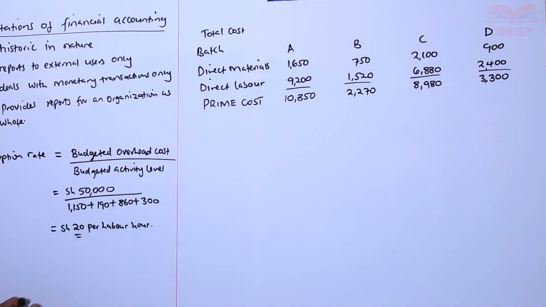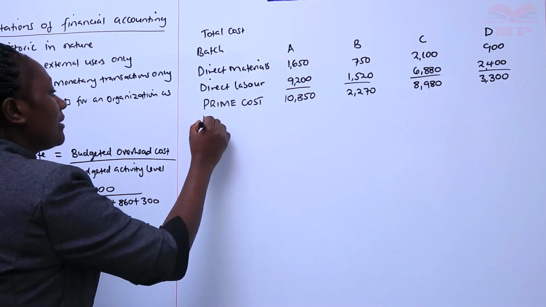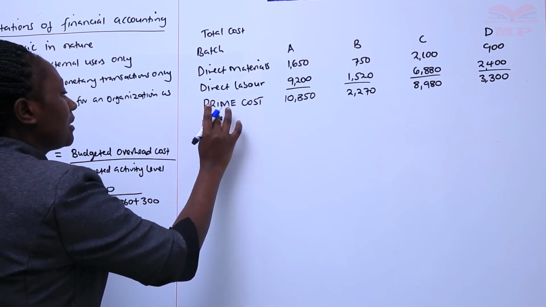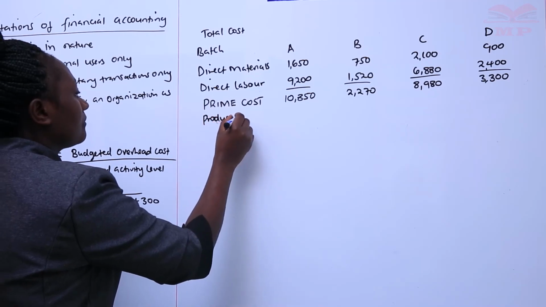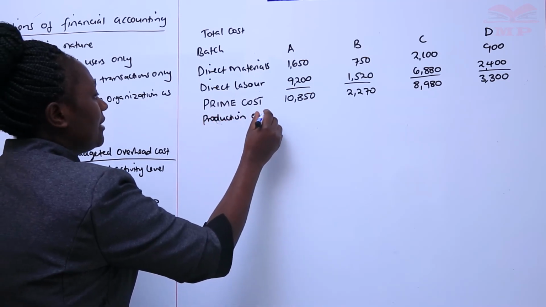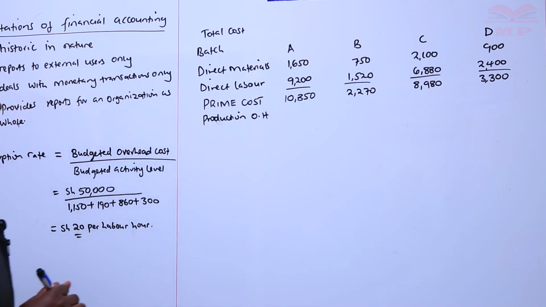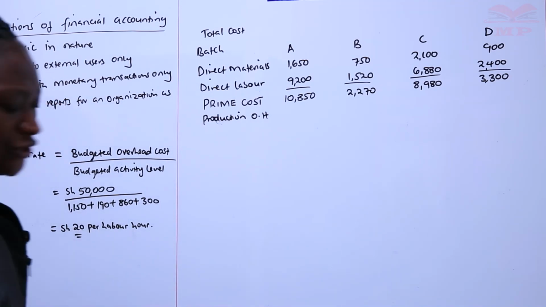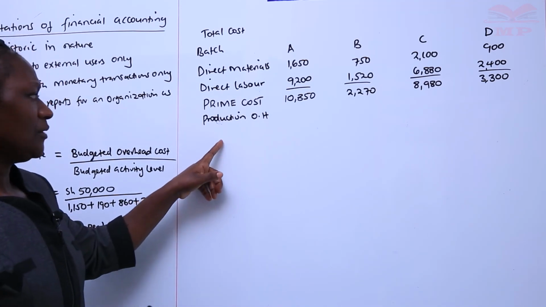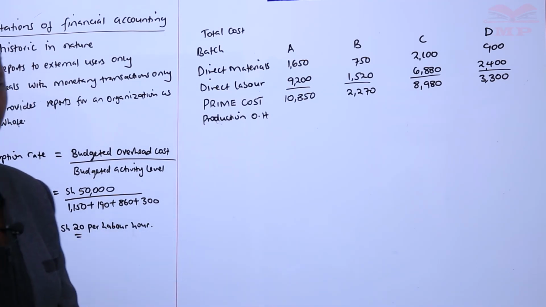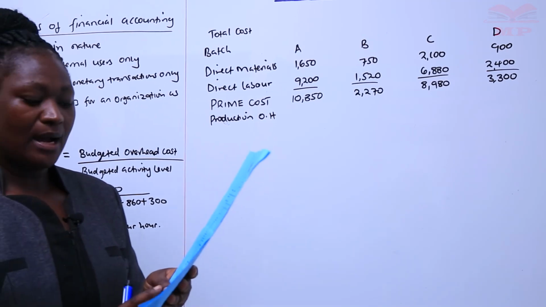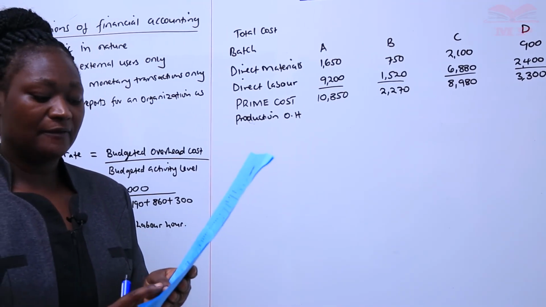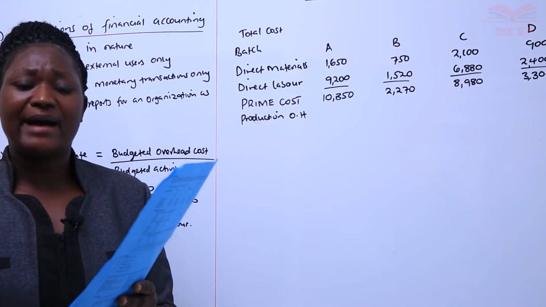So once we calculate the prime cost, the next thing is production overheads. To calculate the production overheads, they were absorbed on the basis of direct labor hours. In part 1 of this question, we have direct labor hours per batch.